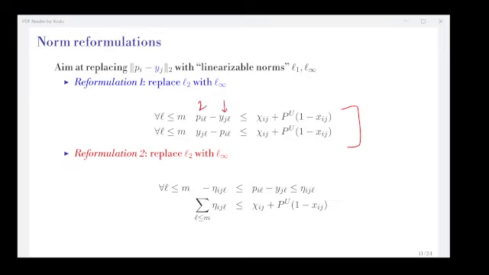Similarly with L1, you can replace it in this way, where you can recognize the reformulation of the absolute values, and then this is the sum of all of the absolute values of the terms, and these are the 2 constraints that you need to replace the 1 norm with.